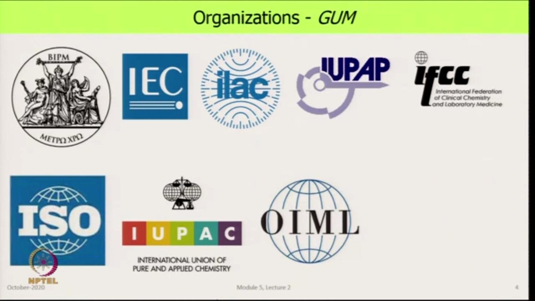We will just go through this quickly to get an idea how widespread is the use of uncertainty analysis in science and engineering. So, besides BIPM, the other organized body that was involved in the formulation of the standard was IEC, which is the International Electrotechnical Commission, a body that makes standards on all types of electrical, electronics and communication related standards.